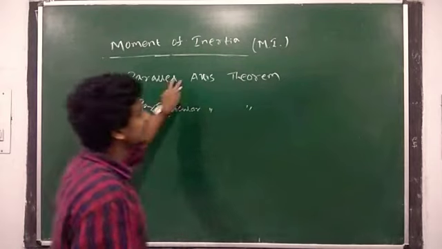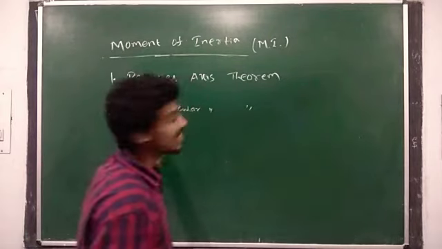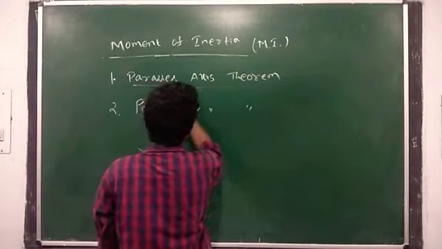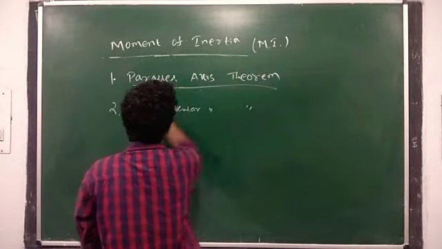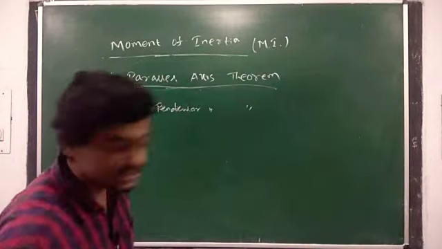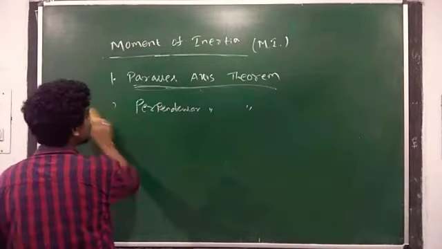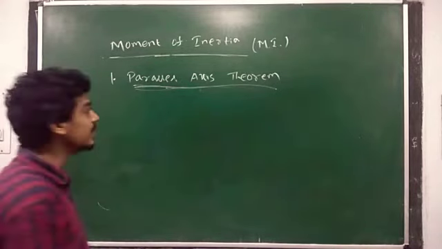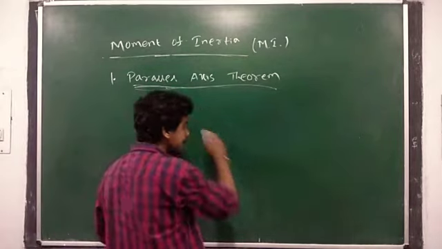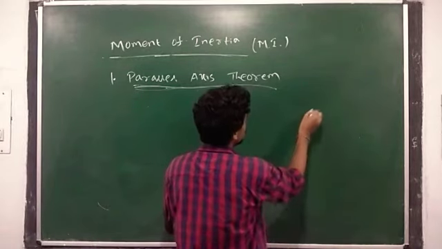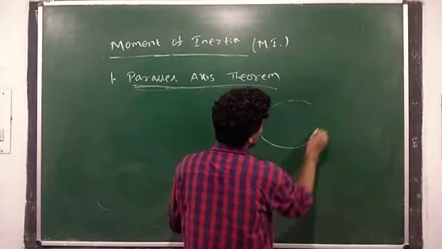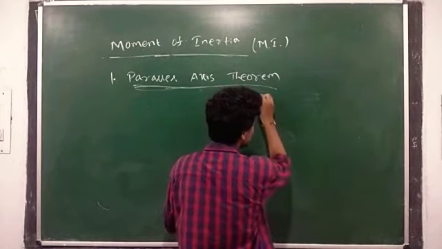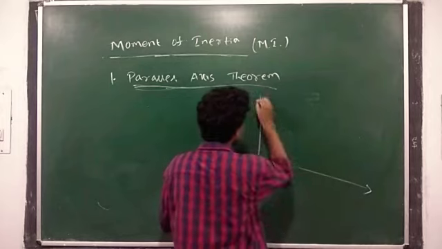So after this theorem, I will tell this lecture will be over. So first I will see what is parallel axis theorem. There is no derivation required for this theorem. Just remember the statement and the formula how to calculate the value using parallel axis theorem.